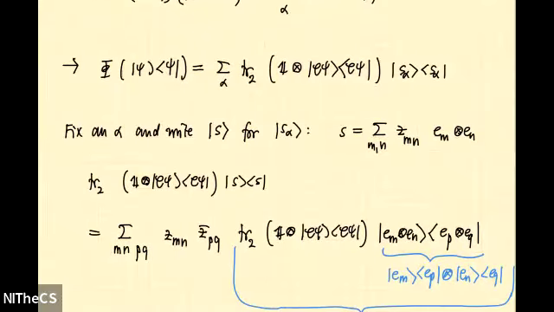And don't despair, we are getting there. We're going to get to a theorem, namely that every CP-TP map is of Kraus form, and you find this in many books.